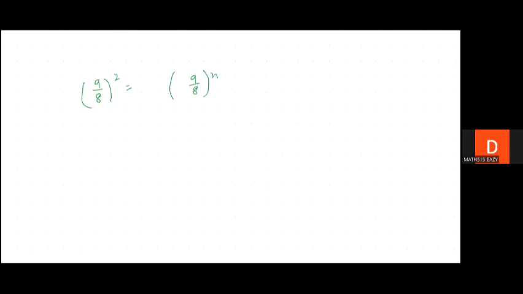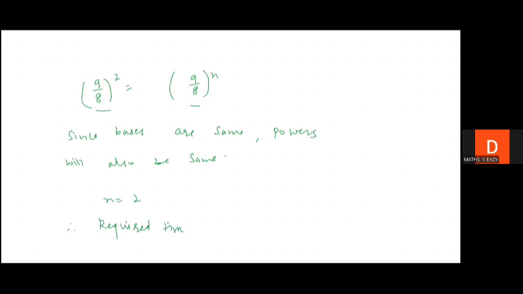So since bases are the same, powers will also be the same. So n will be 2. Therefore, the required time is equal to 2 years.